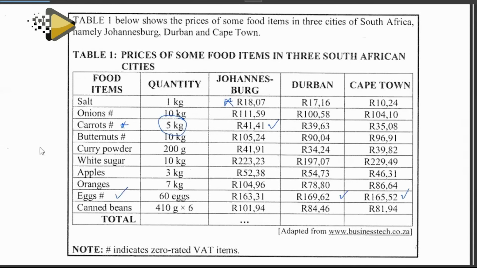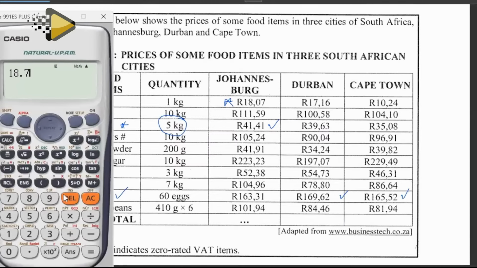It's 18.07 plus 111 rands 59 plus 41, we are adding everything, that's what they have told us to do, plus 223.23 plus 52.38 plus 108.96 plus 163.31.